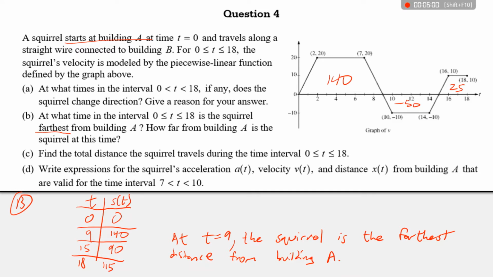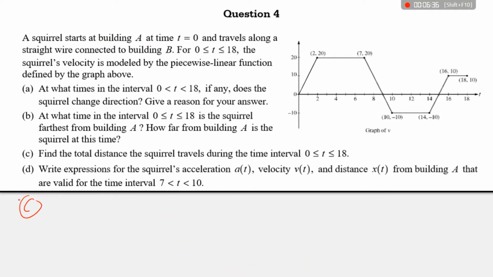Because at those times, it changes sign. So I could say something like the velocity is 0 at t equals 0, t equals 9, and t equals 15. That should be good.